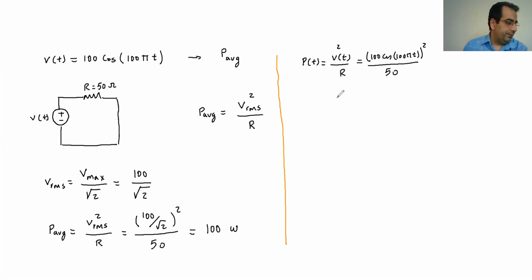And if you do the calculation, eventually p(t) comes out as 200 cosine squared(100 pi t). So this is the average. This is what we have over time.